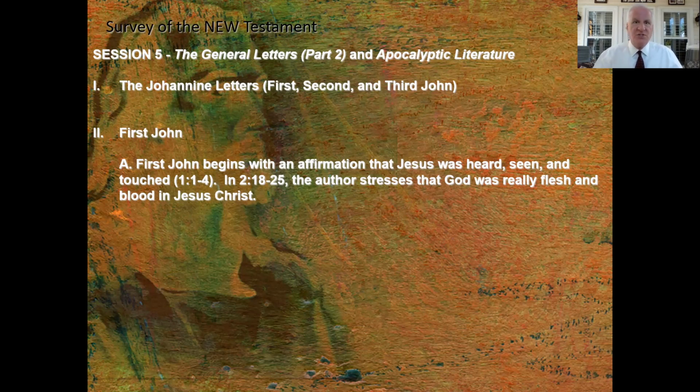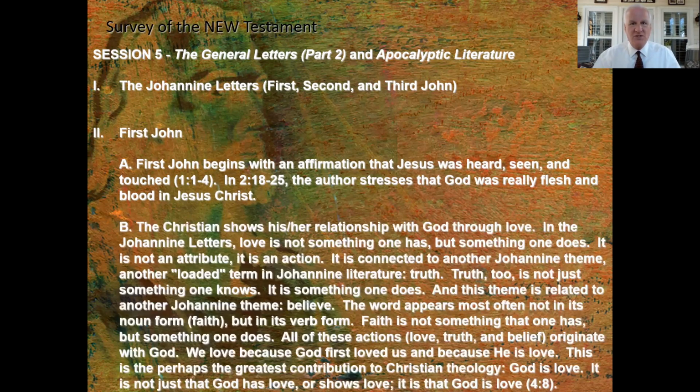In chapter 2, verses 18 through 25, the author stressed that God was really flesh and blood in Jesus Christ. There seems to be a real important emphasis on the real humanity of Jesus.